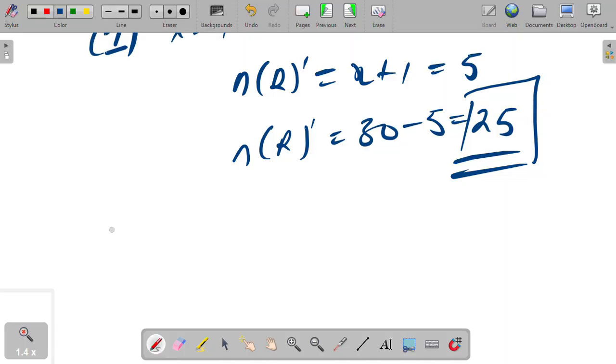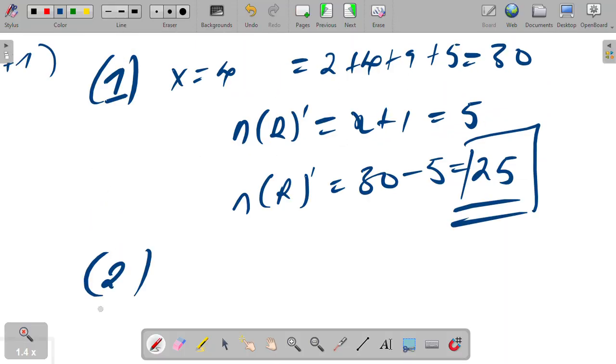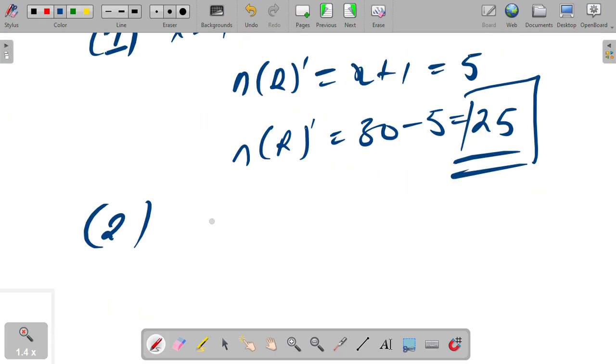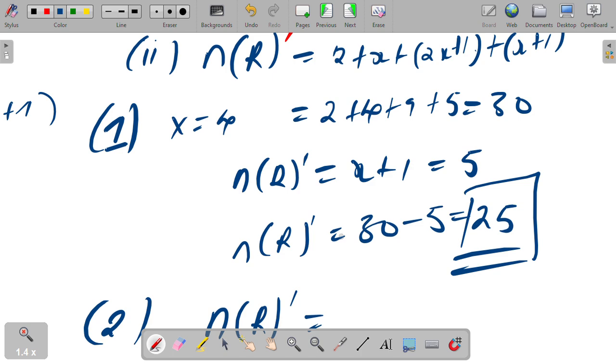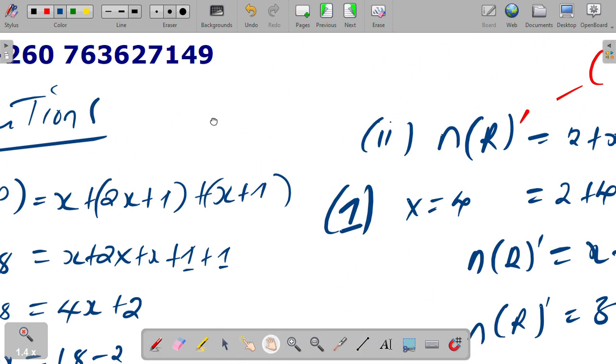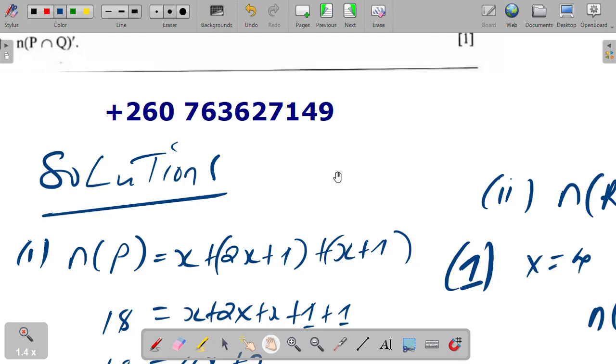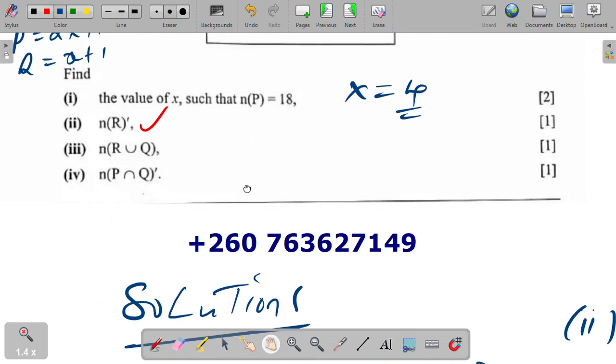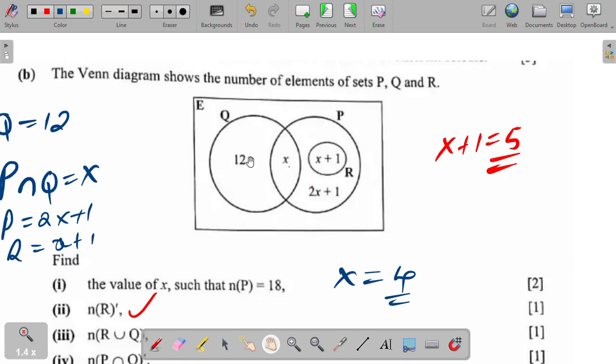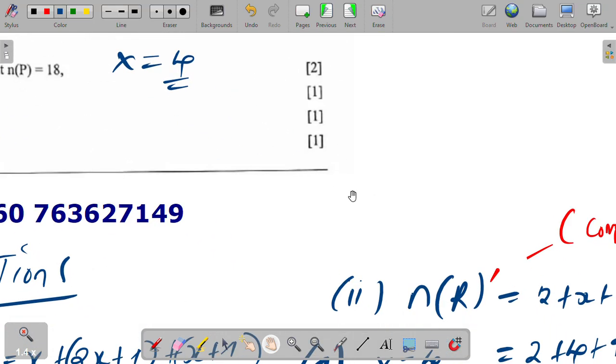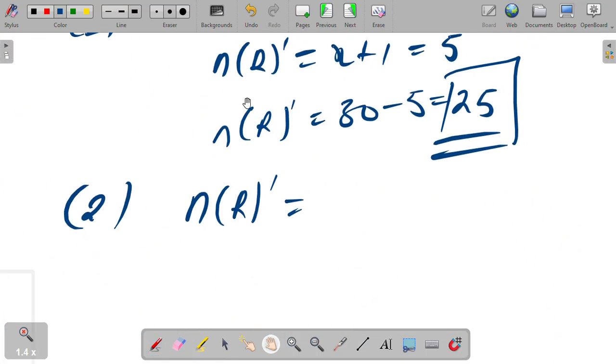What about the second method? The second method, we're going to write the number of elements in set R complement. We are only adding the elements which are 12, x, which is 4 here, then 2x plus 1 only. Okay, that's the second method. So we know that our x is 4, right?